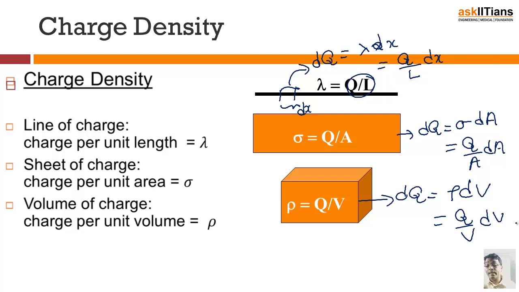So if you are given a continuous distribution of charges, then you are going to use integration to find the value of the electric field. Here you are going to take small portions which have uniform charge density. It can be linear charge density, surface charge density, or volume charge density. Let's try to see some applications of this in our forthcoming topics.